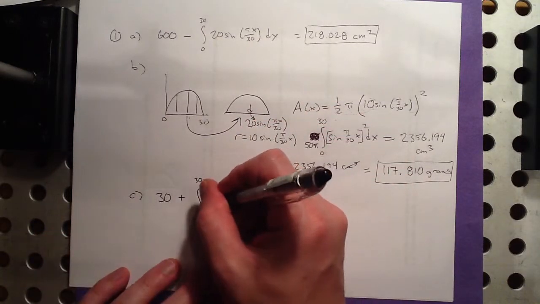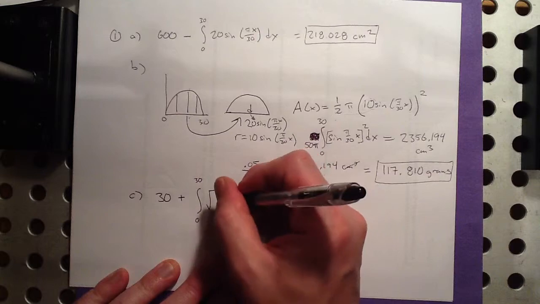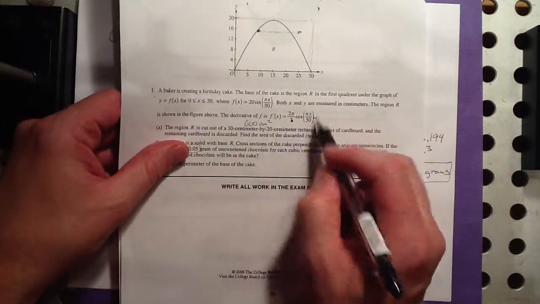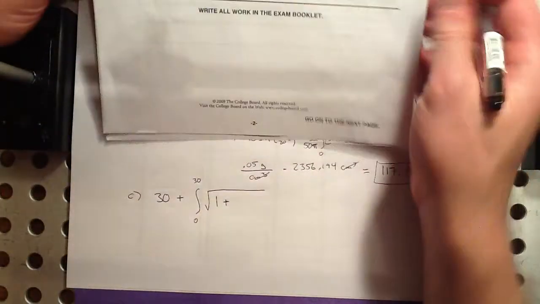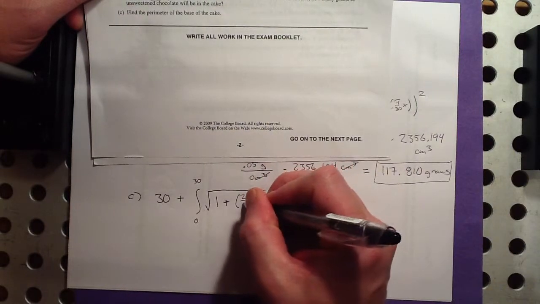And to find the length of a curve, our formula is the square root of 1 plus dy dx squared. So 1 plus, and hey, that's why, look, there it is. They gave it to us. Not that we couldn't find it, but might as well use what they gave us.